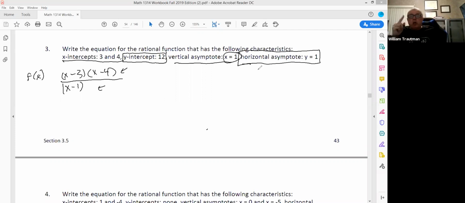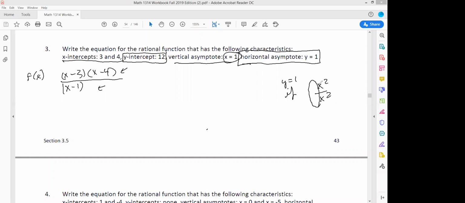When we look at our rules, the only way to get a horizontal asymptote of y equals 1 is if the top power and the bottom power are the same. That means you have to use the numbers in front. Anybody know what the numbers in front of these x squares are? 1. Yeah, 1 over 1, which equals 1.